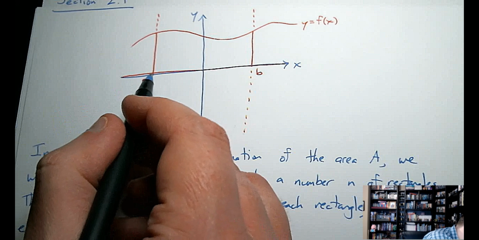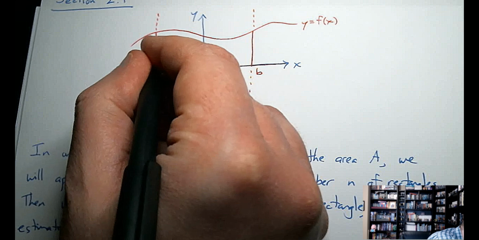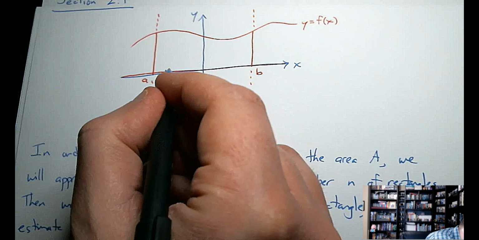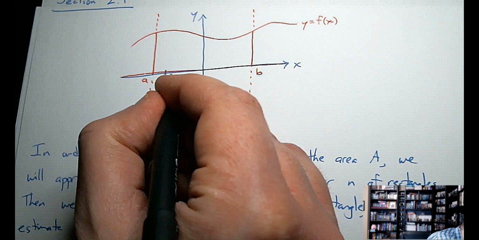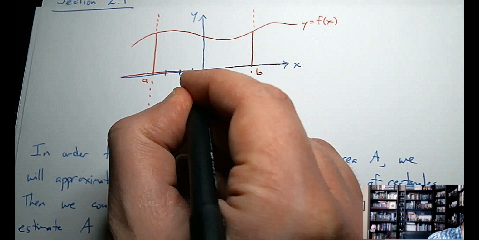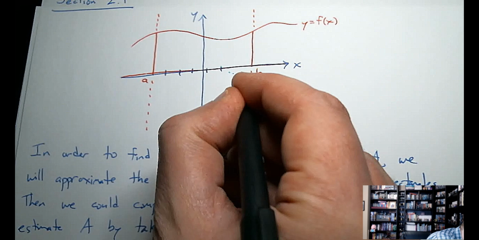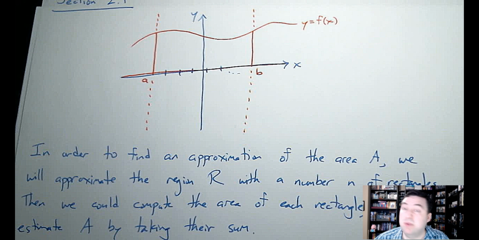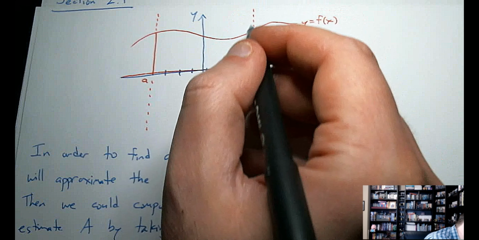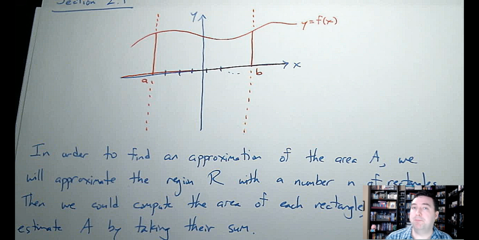And so, in other words, I can take this whole interval from a to b. Now I can draw a rectangle here, say from this point to this point. Then I could draw another rectangle here, say from this point to this point. And then another rectangle here, and another, and another, and so on, until eventually I'm going to reach this side, where I'm going to presumably want to make this vertical line, x equals b, one of the sides of the rectangle as well.